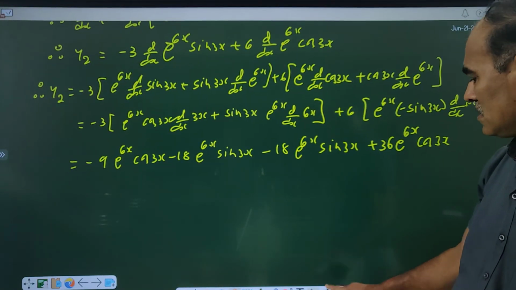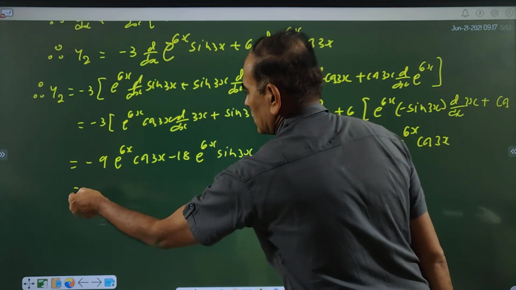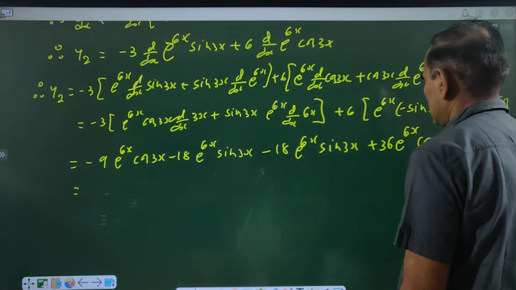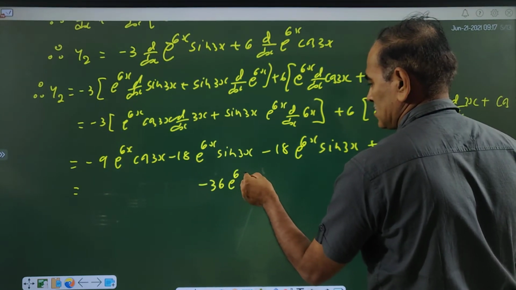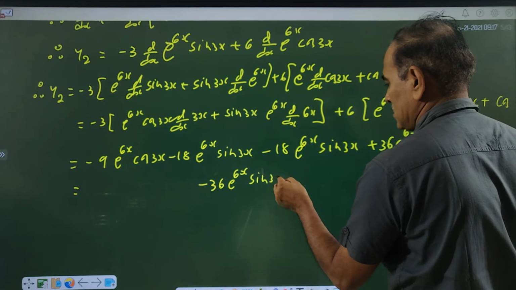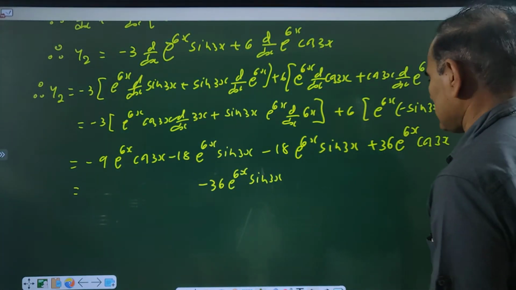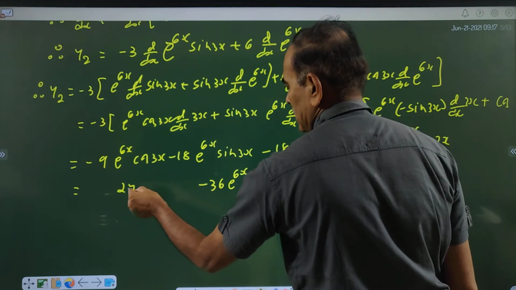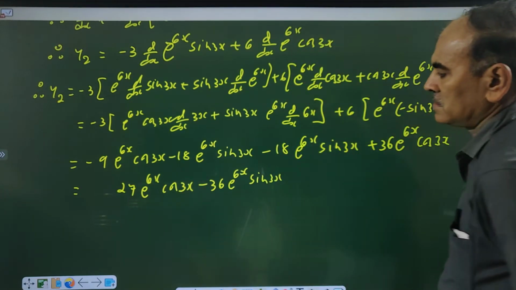So now you can see that minus 18 minus 18, minus 36 e raised to 6x sin 3x. 36 minus 9, 27 e raised to 6x cos 3x.